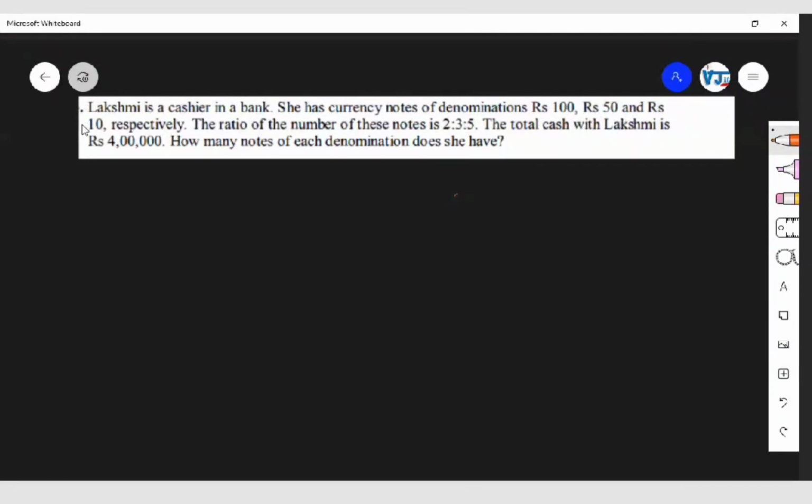Here 3 types of notes are there, 100, 50 and 10. Okay, but we don't know how many 100 notes are there, how many 50 notes, how many 10 rupees notes. So we need to find those things.